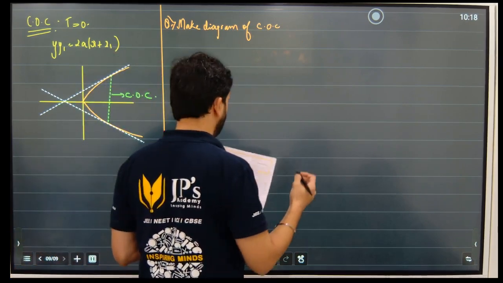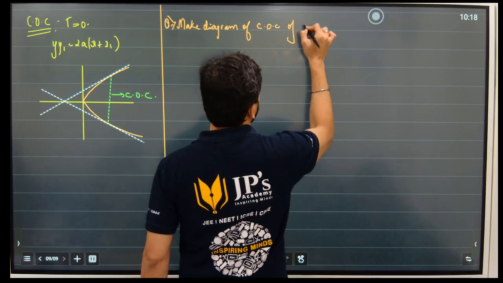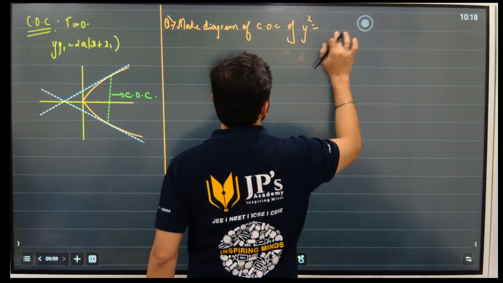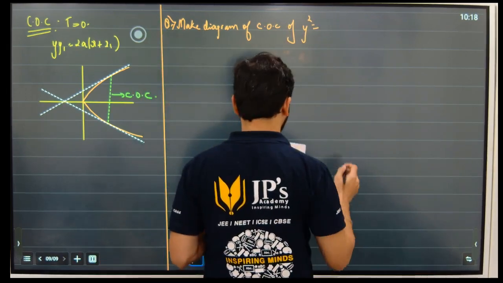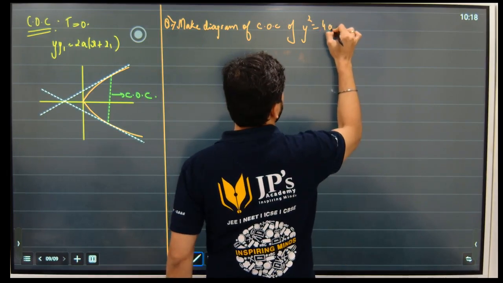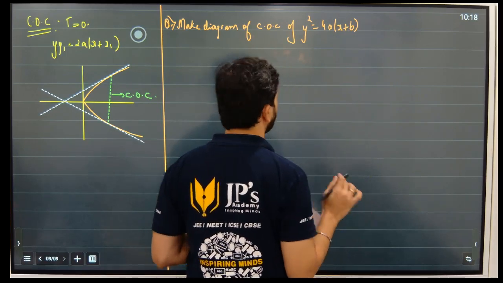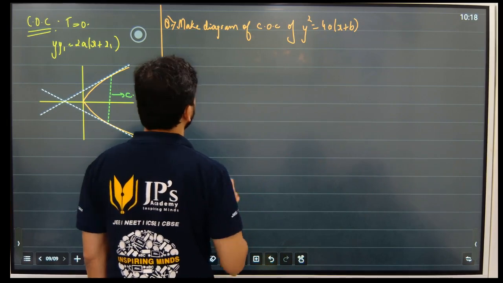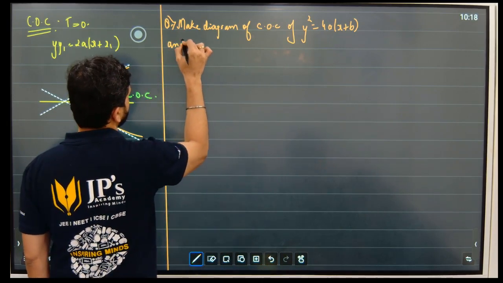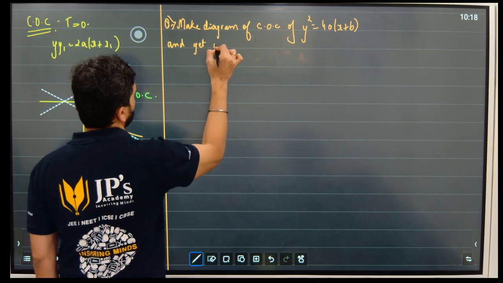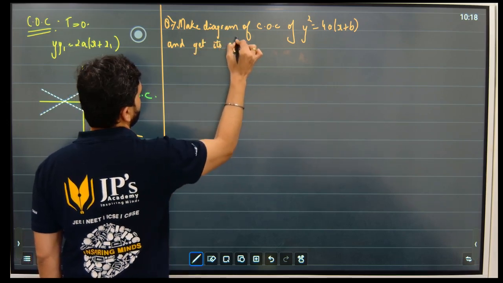Make a diagram of the chord of contact of y square is equal to 4a bracket x plus b, and we have to get its equation.